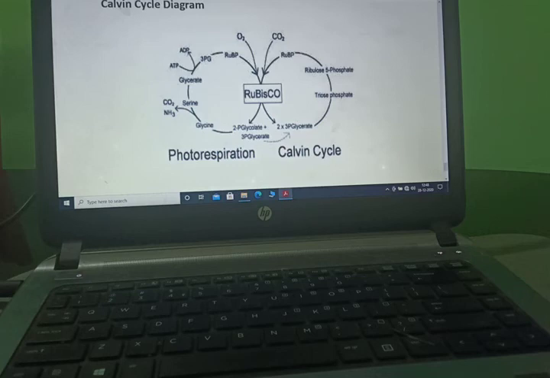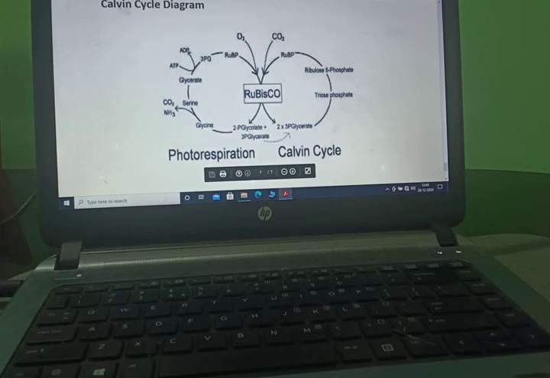ATP converts to ADP, 3-PG. This is RuBP. This is oxygen. Now here addition of carbon dioxide to RuBP, ribulose biphosphate, ribulose 5-phosphate, then triose phosphate and 2 molecules of 3-phosphoglycerate. Did you get the difference between both of them?